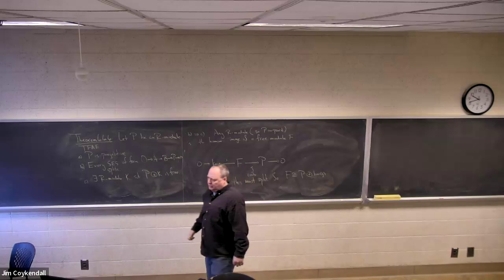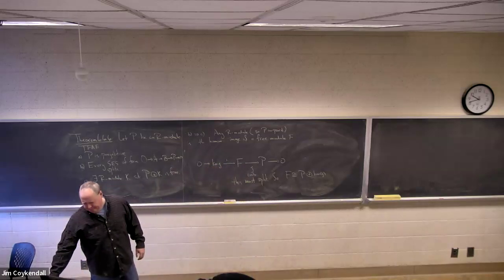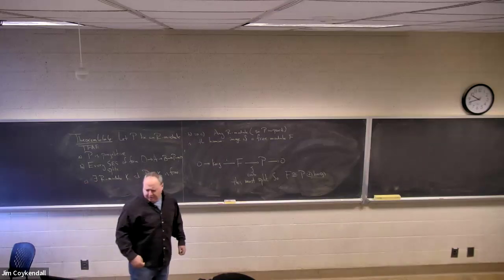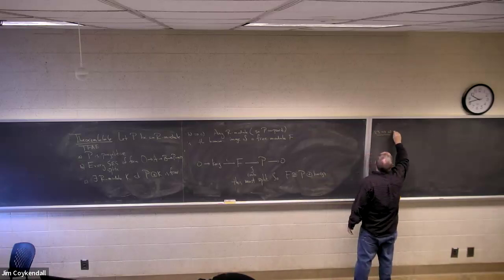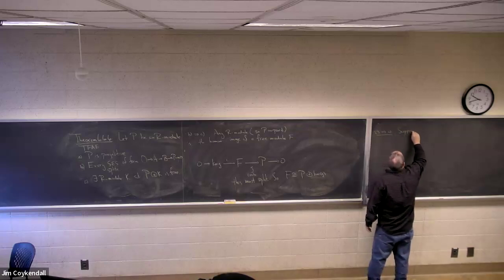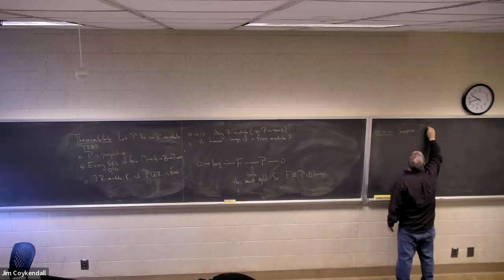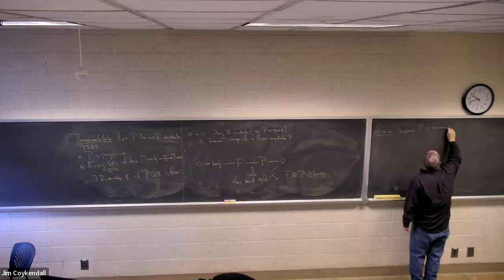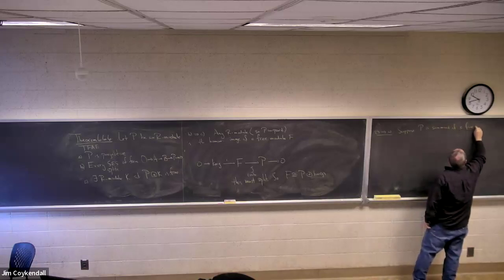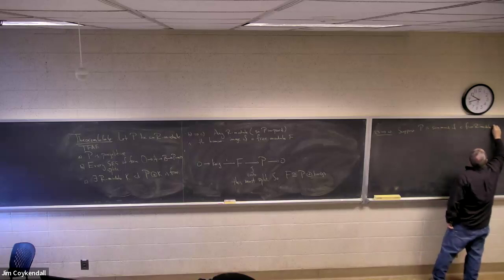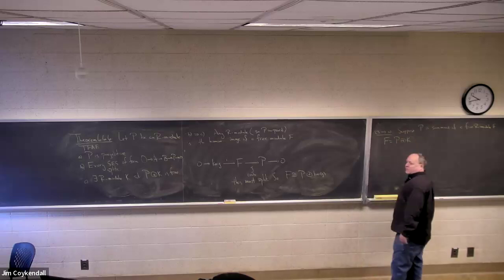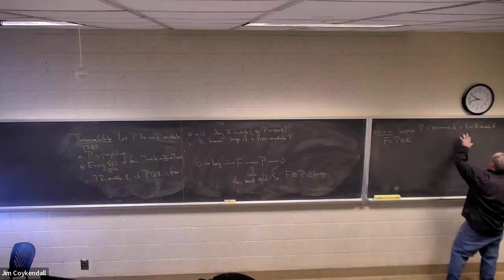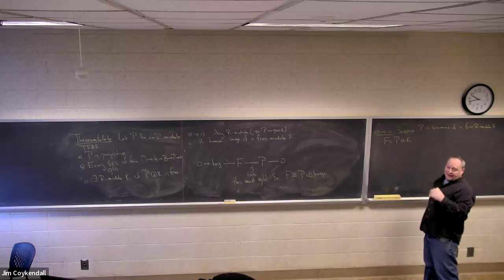Well, let's suppose P is some summand. I know that P is a summand of a free module, so just put those two pieces together and call it F. And I know that F is free.